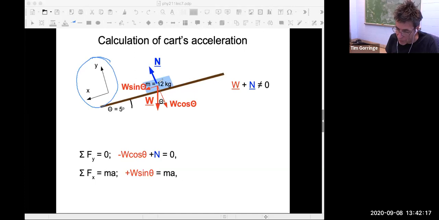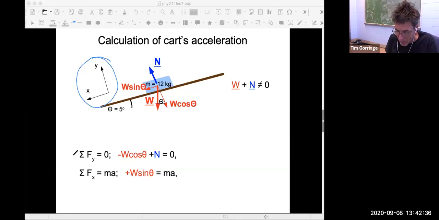So, thinking about non-equilibrium. Having said all that about non-equilibrium and then called it equilibrium, which was stupid, I'm sorry about that. It's non-equilibrium here. I'm going to think about the non-equilibrium for the cart along the incline.